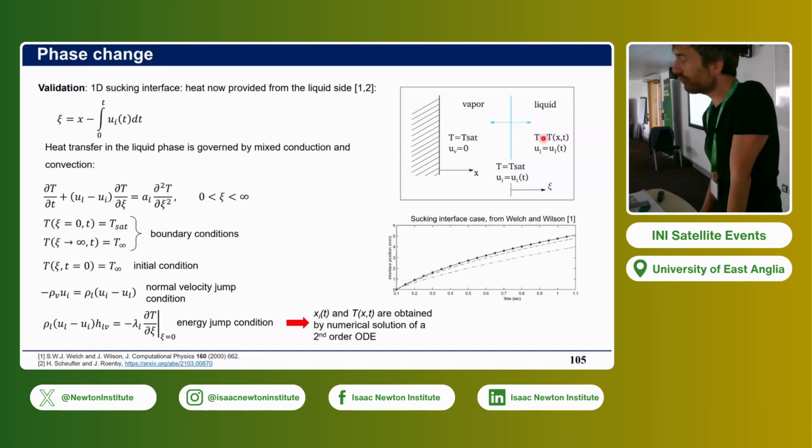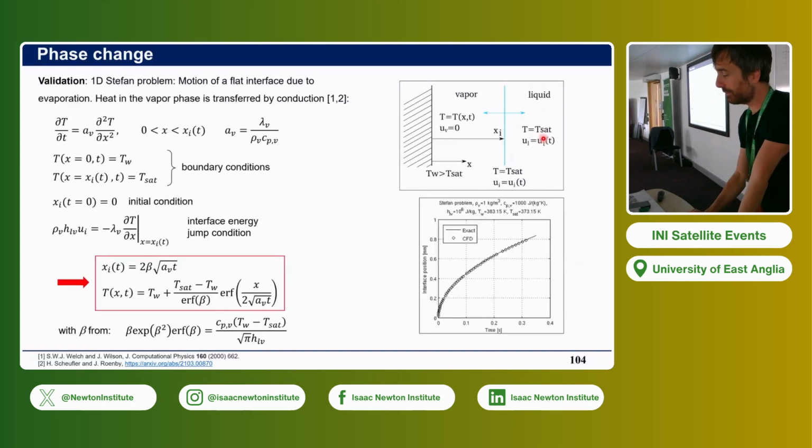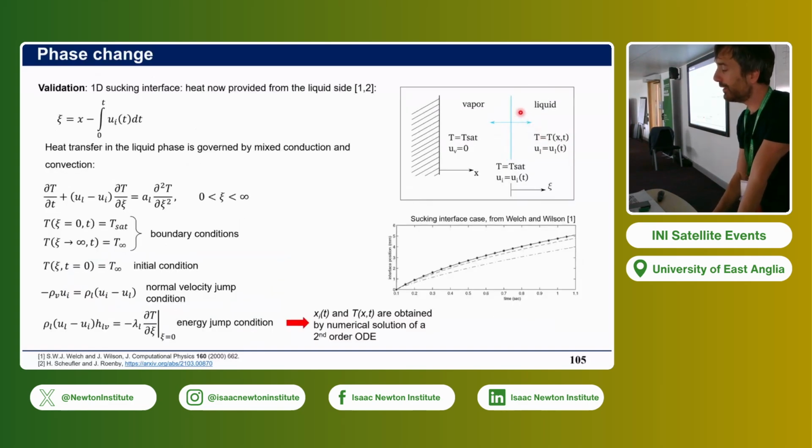This is more challenging than Stefan 1 because you will have a thin thermal boundary layer generated at the interface. If you are able to zoom in at the interface in Stefan problem 2, if this is x and this is t, and this is the location of the interface, let's say this is T sat and this is T infinite, the temperature at which you set the liquid.